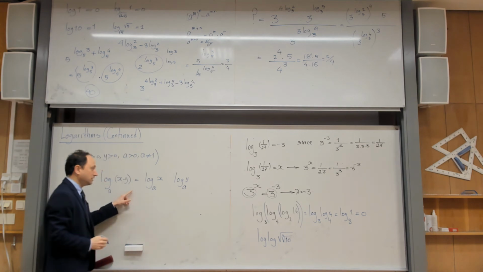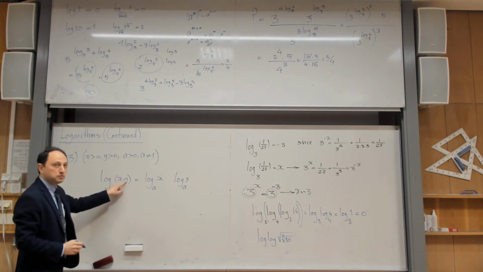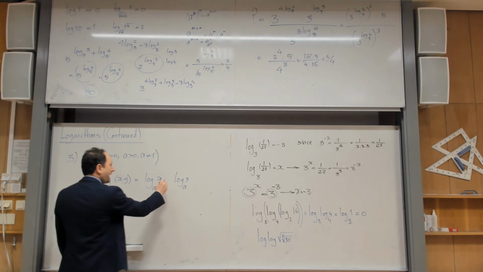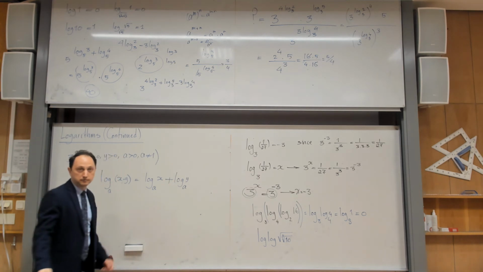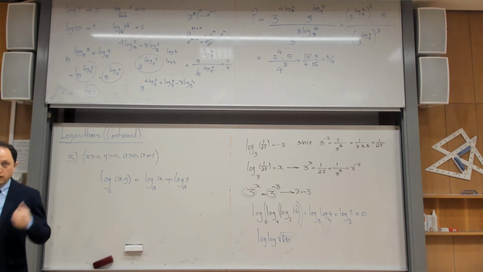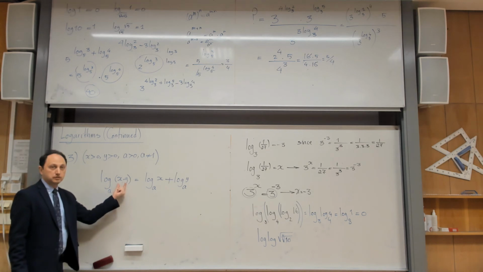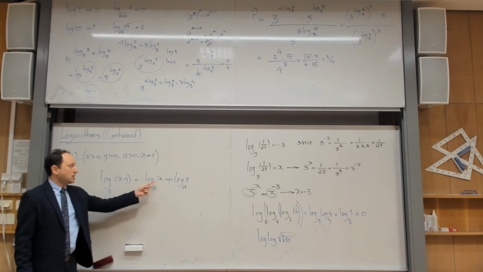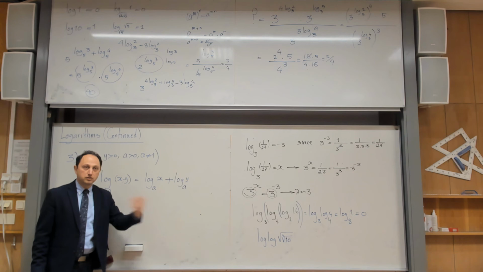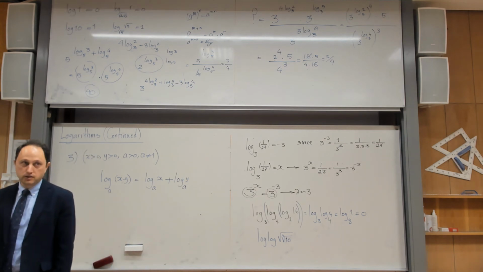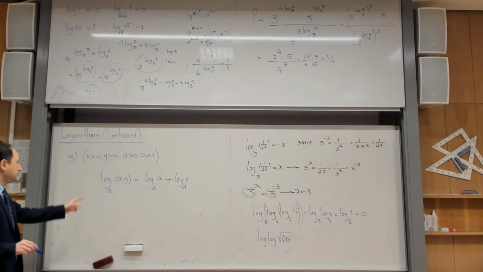But the interesting thing is that here I am multiplying, but here I have to add. Okay, so that is also a strange property of logarithms. If you have the log of a product, it becomes the sum of logs, not the product of logs. Yes? So this is the property that we do.